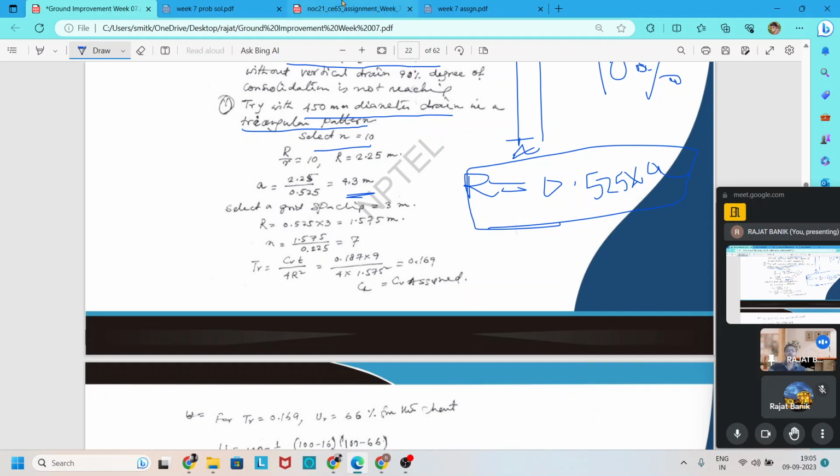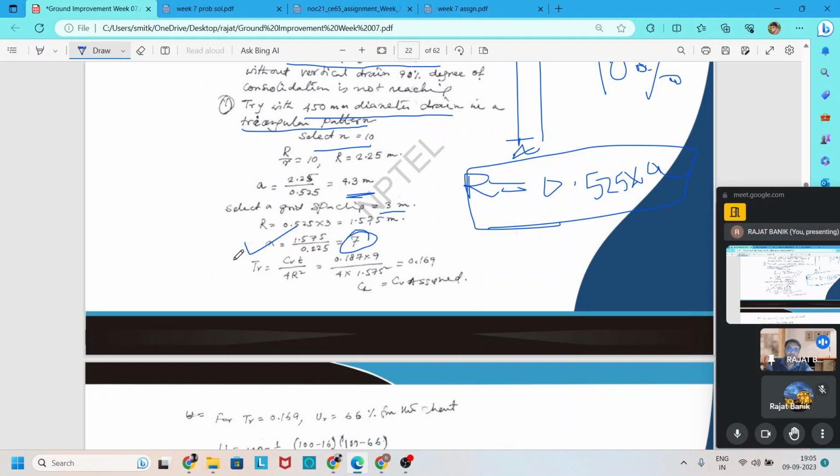So we reduce our spacing and we can select 3 meter spacing for this triangular pattern. And now we can again find out the R for this triangular pattern. After that we find out n, one parameter, which is nothing but the radius of influence divided by the radius of the sand drain, and we find n is 7.